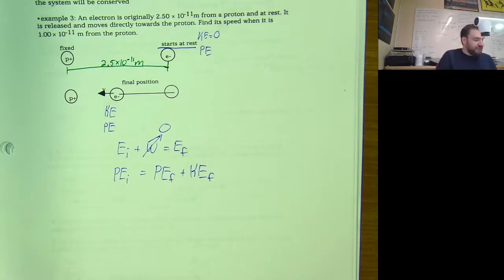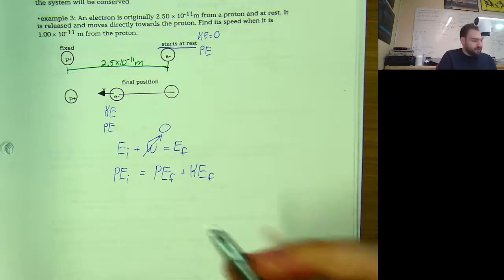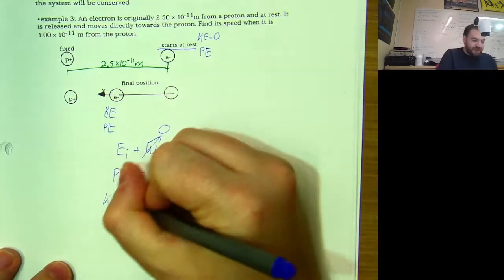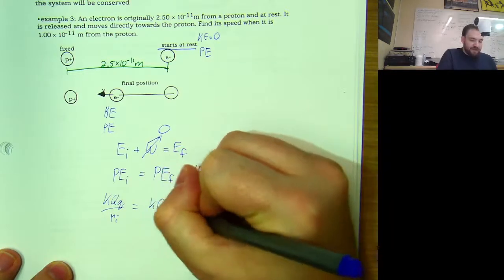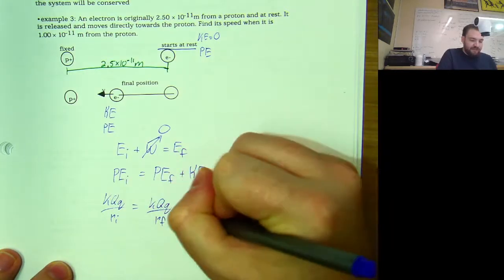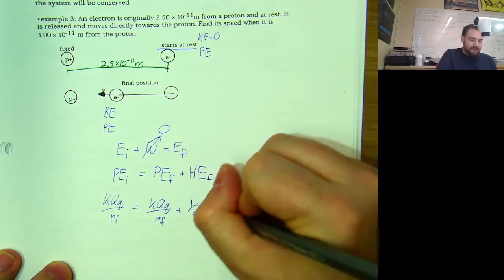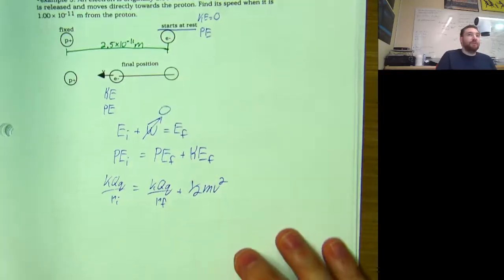And we're concerned about the energy of that electron. So this is going to give me kQq over Ri is equal to kQq over Rf plus 1/2 mv squared.